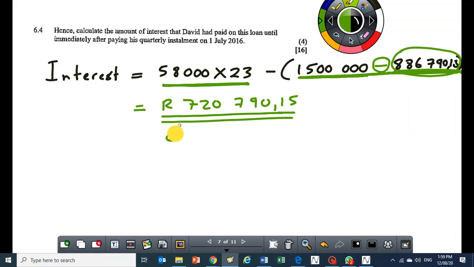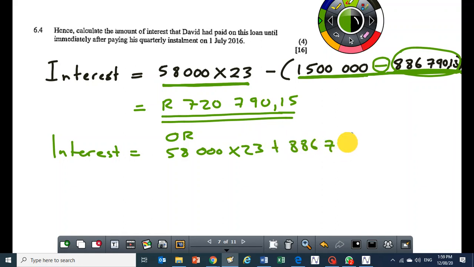We could have calculated the interest as 58,000 times 23, then add that 886,790.15, then subtract the 1,500,000. You still get the same result. It's just a choice in terms of how you prefer to do the problem.